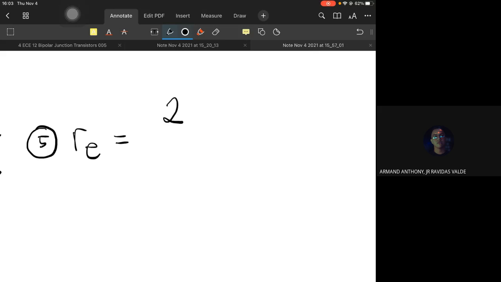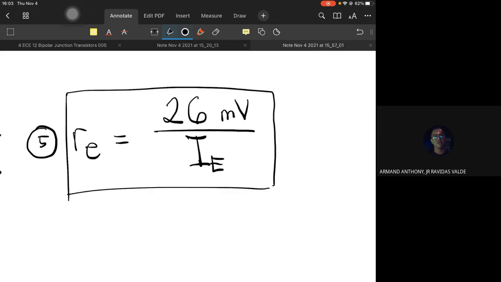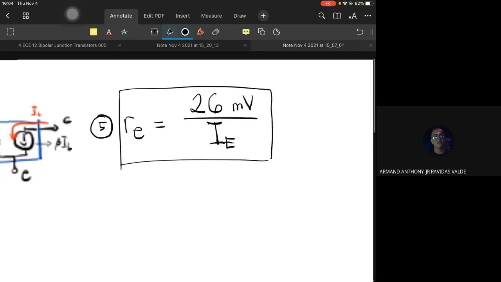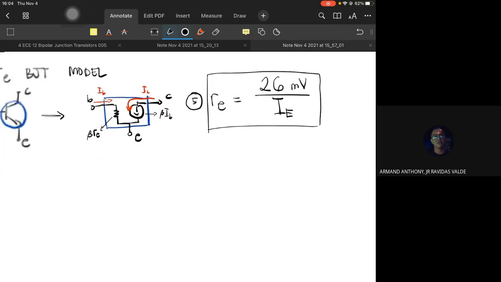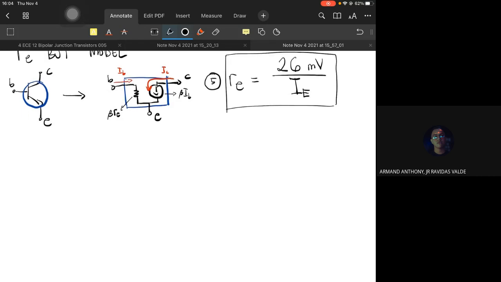RE is equal to 26 millivolts over the DC IE. This is the new thing we add to what we already know. So to use the RE model, we should compute for RE, and RE is equal to 26 millivolts over IE.